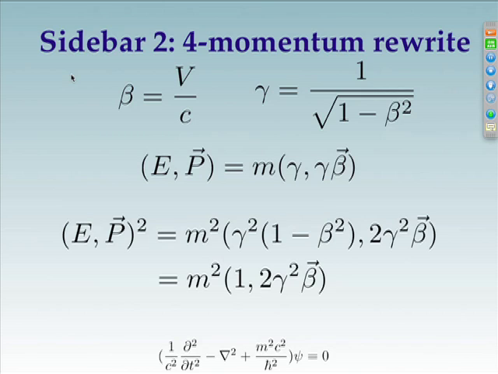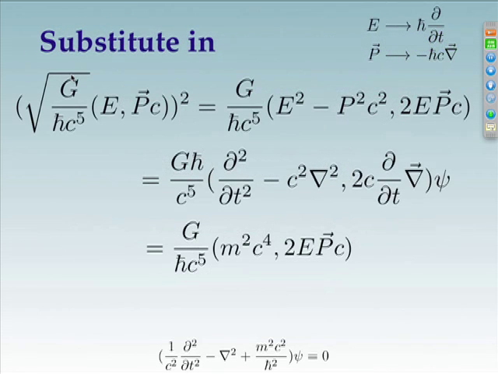If you square this, you get gamma squared times 1 minus beta squared. Well, hold it. Gamma squared is also 1 over 1 minus beta squared, so that's just unity. That's another reason why this is such an important relationship. We see unity in it. Unity is good.